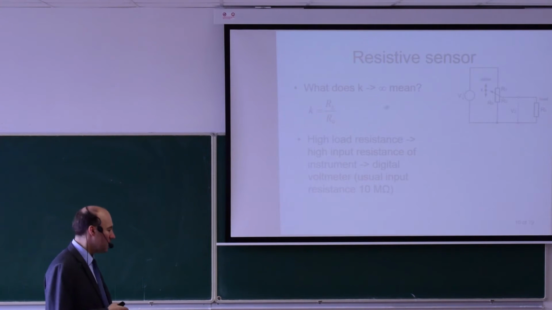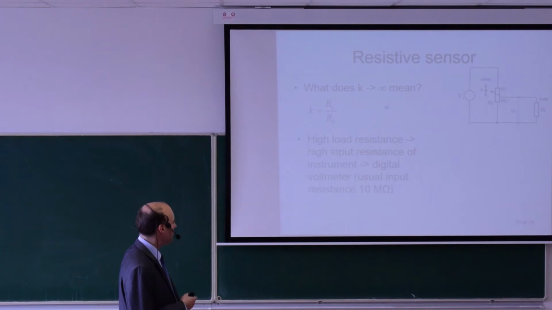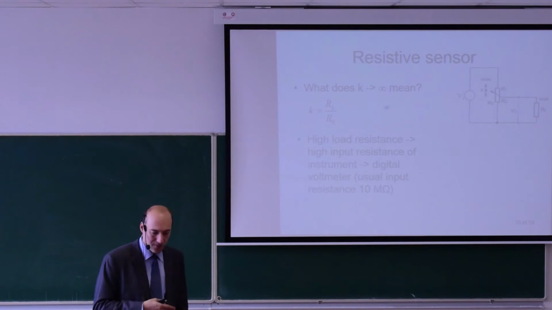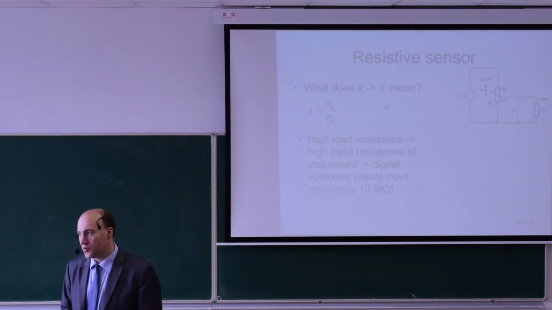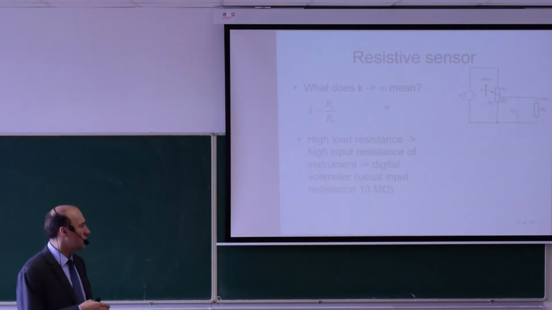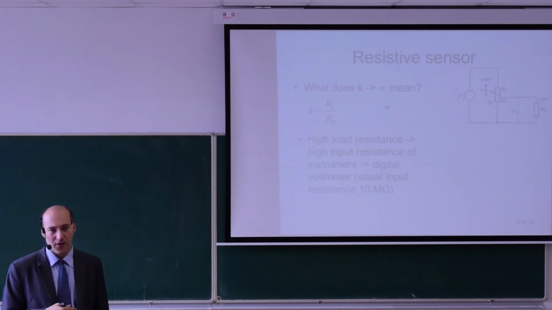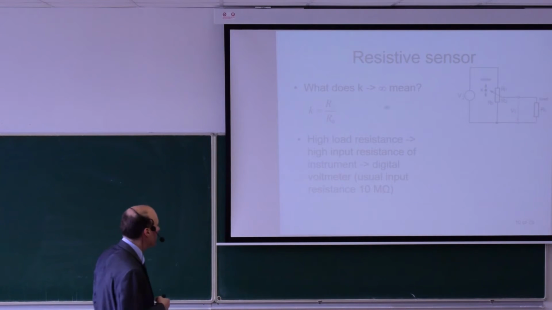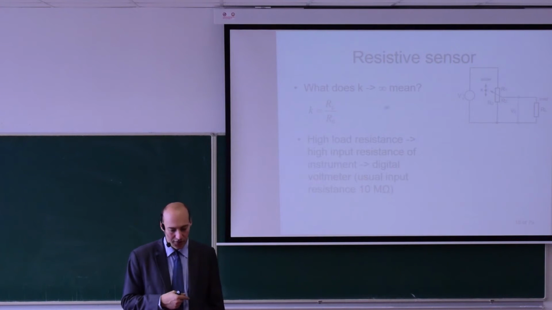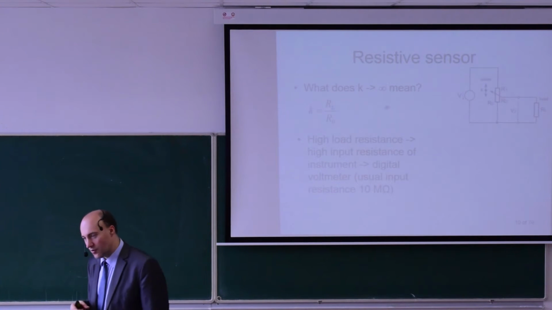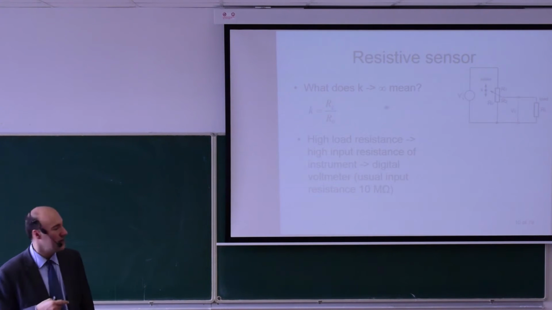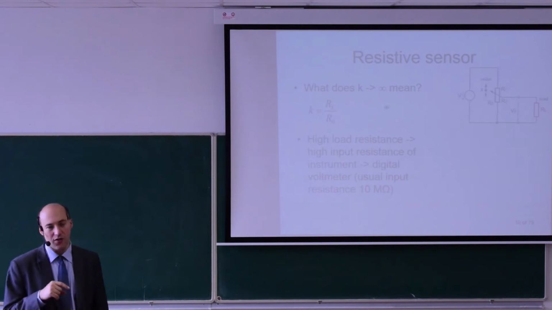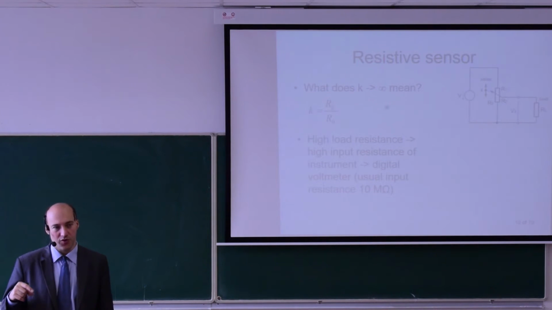Even the simplest digital voltmeter today has at least 10 mega ohms input resistance, so it should not cause you any trouble. In the labs, you will compare the digital voltmeter with the analog voltmeter, and you will see that there is a huge difference between the voltage that you measure for different positions.